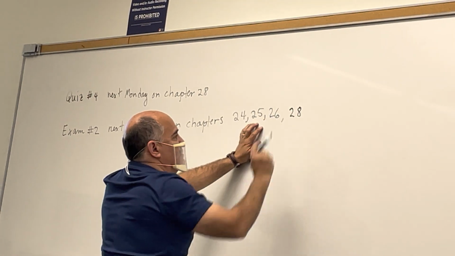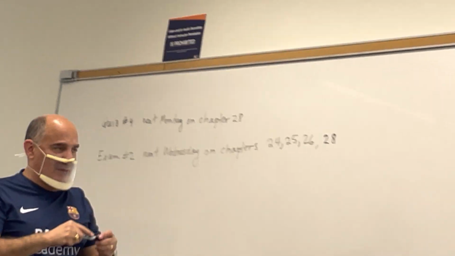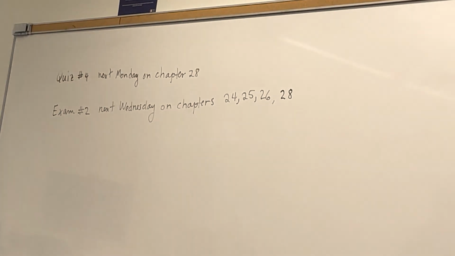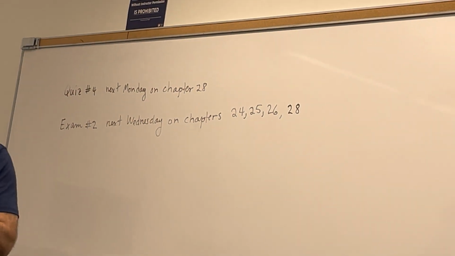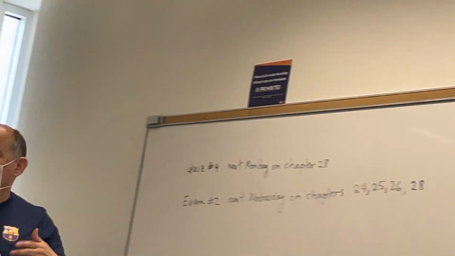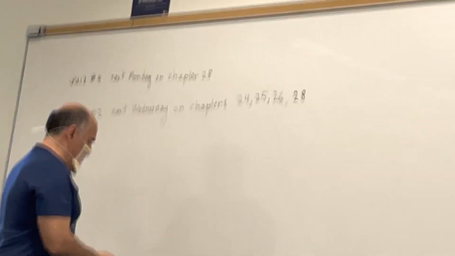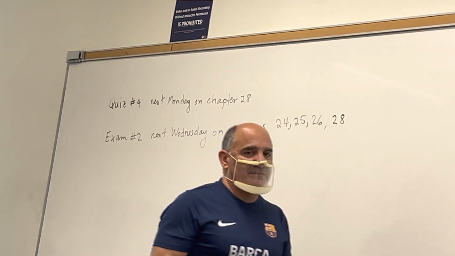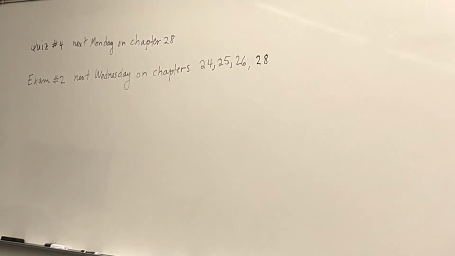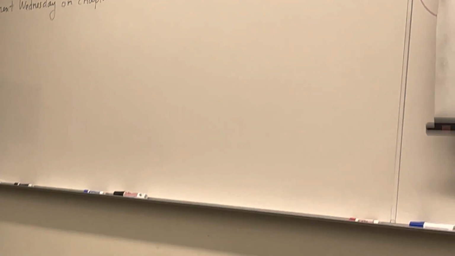And then 28, I'll definitely put an Ampere's law problem, and maybe I'll put one where you have to use the Biot-Savart law, something relatively simple that you don't end up with a complicated integral or anything like that. So, one problem 24, one problem 25, 26, and two from 28.